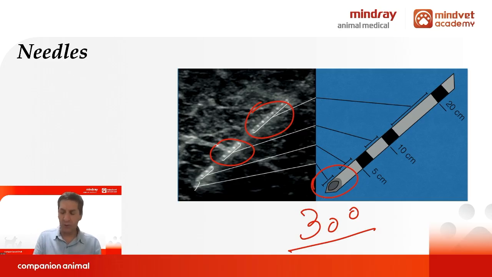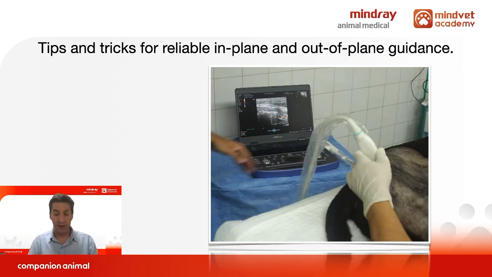So try to use this kind of needle when performing the different approaches we are going to speak about in the following webinars. Okay, we are going to follow with the tips and tricks to perform our procedure.